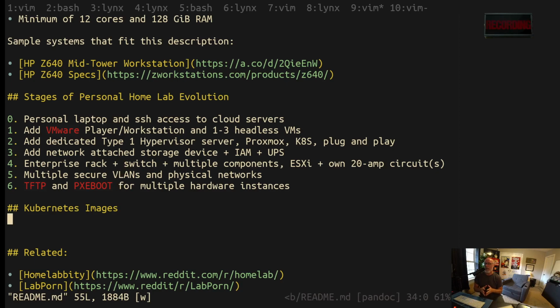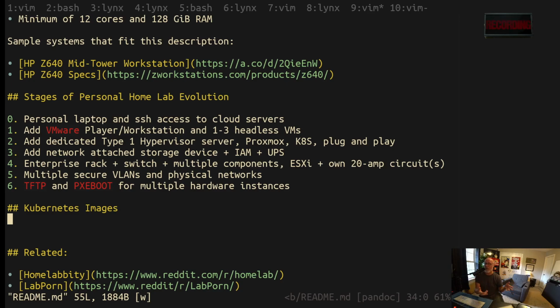Stage 2: add a dedicated Type 1 hypervisor server as a separate system. For that, that's Proxmox, potentially Kubernetes, plug and play that. And that's a separate server. That's what I'm doing right now. Stage 3: add network attached storage devices, a Synology NFS server, identity management, backup power, stuff like that. Stage 4: make an enterprise rack that's not IKEA, and put a switch in there, real components.